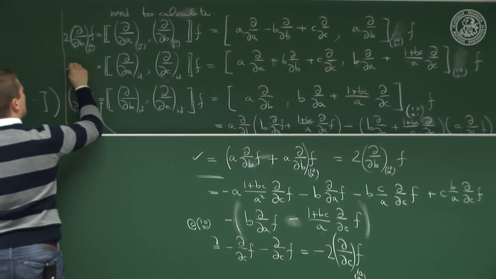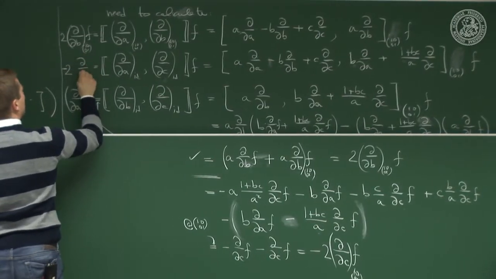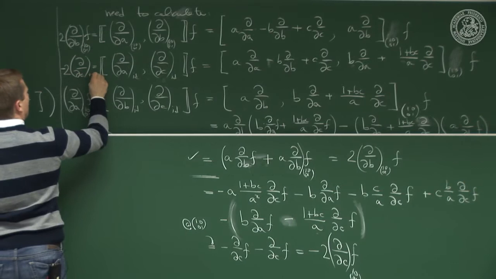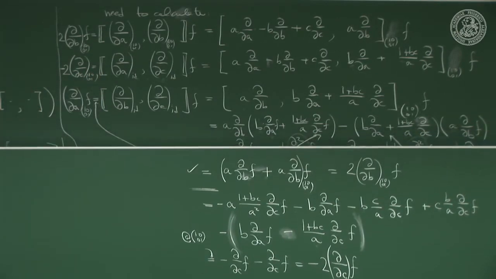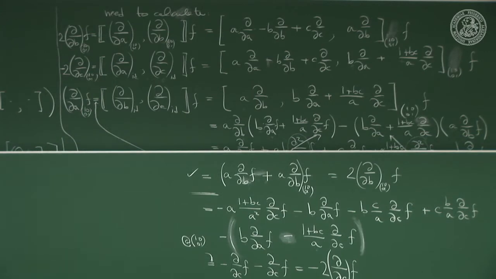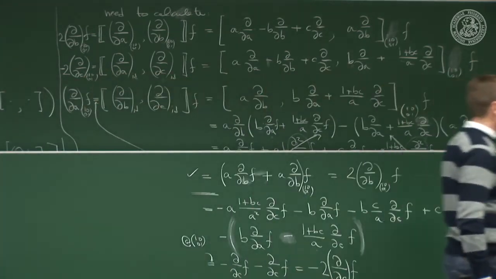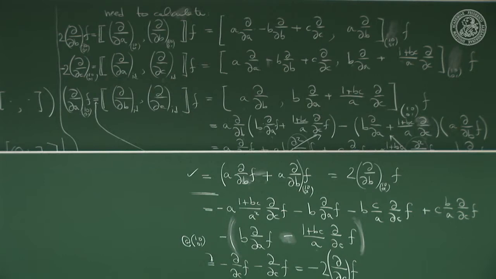Now here it's minus 2 d by dC at the identity. Okay, so we finally achieved defining the Lie brackets in the tangent space at the identity of the SL2C group. And that's the full calculation.